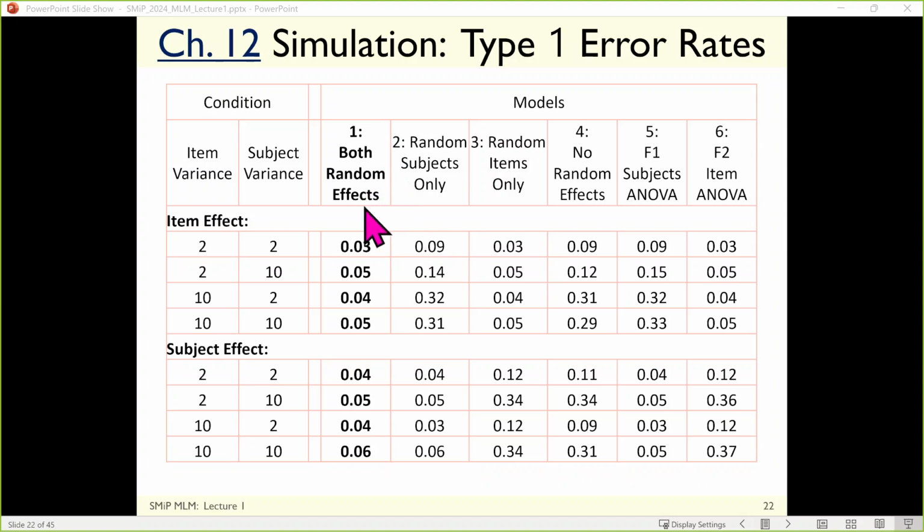So if you fit the right model that generated the data, you get the right answers back. A little bit of wiggle in those, but nothing that I'm going to be super concerned about.